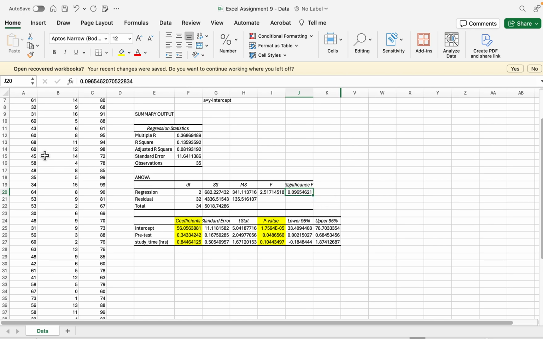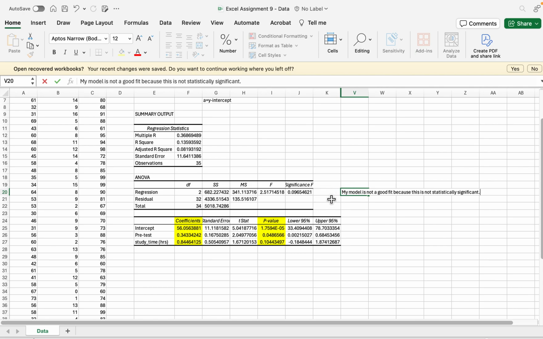But we can see I didn't select all the data, right? So this is going to be different than what you have, but it is not. My model is not a good fit because this is not statistically significant.